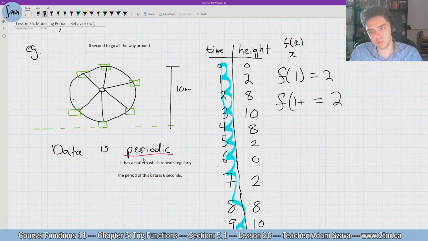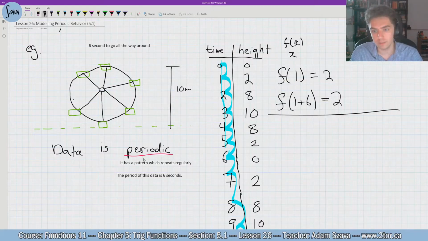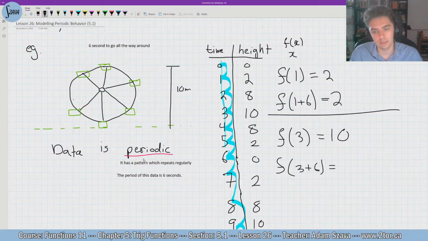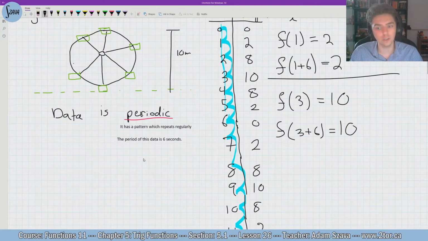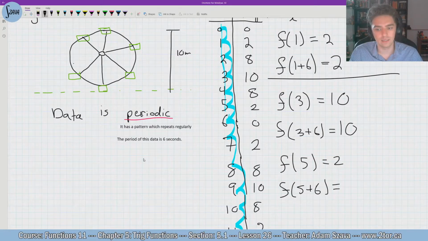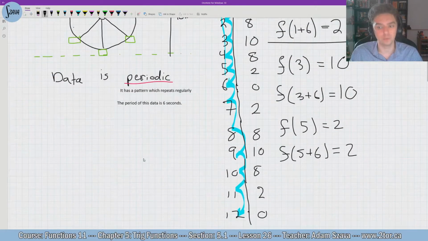But 7 can be written as 1 plus 6. So f of 1 plus 6 is also 2. What about this pair? f of 3 was 10. What about f of 3 plus 6? That would be f of 9, which was also 10. What about f of 5? That was 2. What about f of 5 plus 6? That would be f of 11, which was also 2.